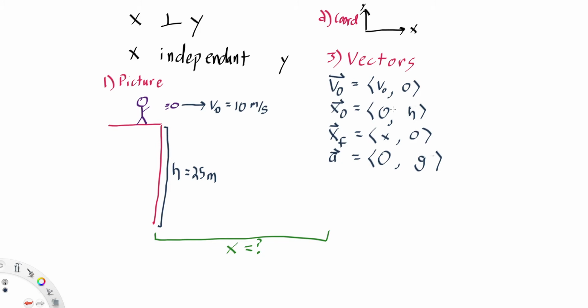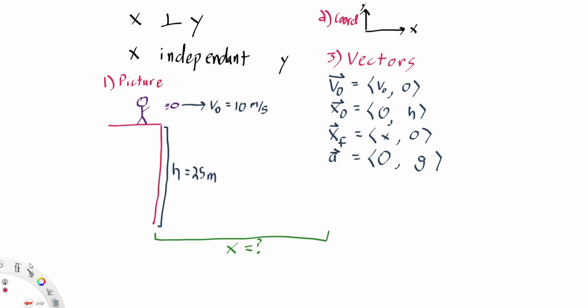So if we don't plug in numbers till the very last step, it becomes easier to debug. All right. So picture, coordinate, vectors, and this is what I refer to as our mise en place. We've got everything in its place. We are ready to do the cooking.